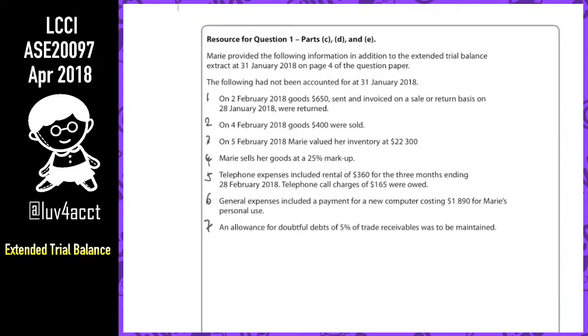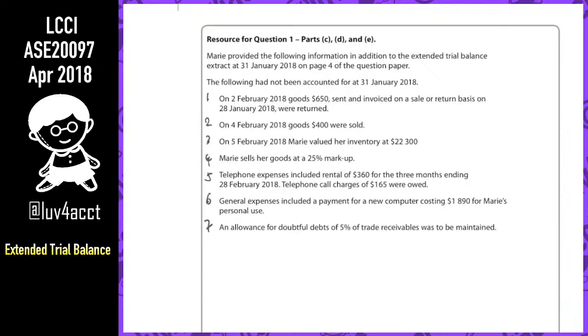So first item, on the 2nd of February, goods of 650 sent and invoiced on a sale or return basis on 28th of January were returned.